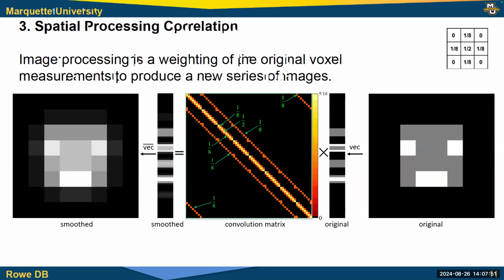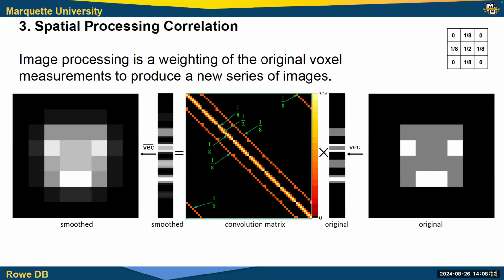Now, I want to show you an example with an image. So let's say that we have this image, a little smiley face on the right, as long as I'm on time, we have a nice smiley face. We can stack the rows of this into a vector, so we can take each row and we can stack them into a vector and multiply this vector of our image data, right? So we take the transpose of our image and vectorize it and multiply it by a matrix that might do, say, a local averaging in space.